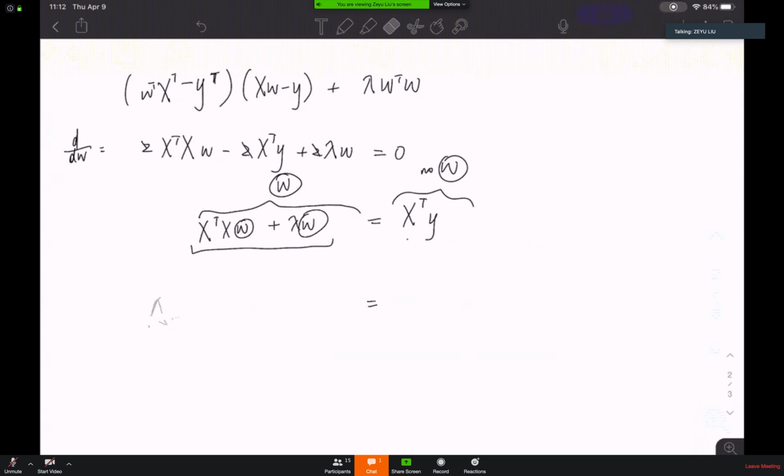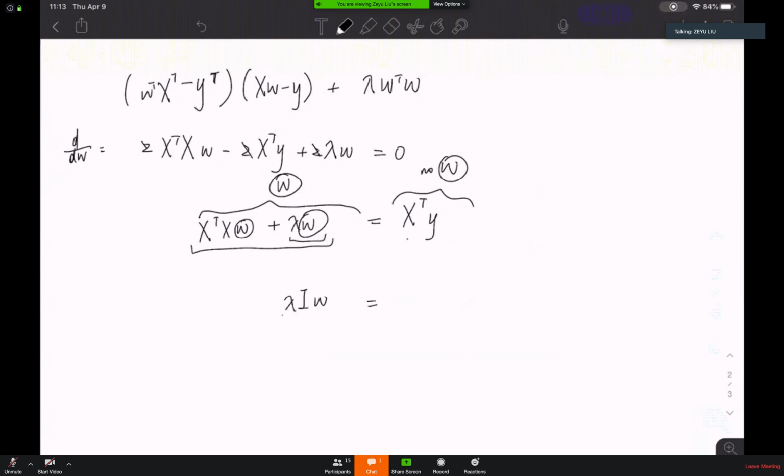But obviously we can't have X transpose X plus a scalar. That's not possible, but there's a way around, meaning that we can rewrite this expression into lambda times identity times W, which is equivalent.